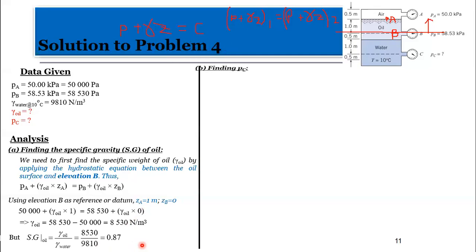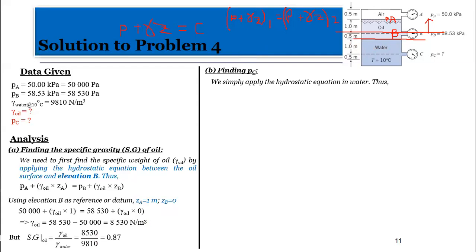So finding PC, we simply apply the hydrostatic equation in water. So in water, we need to first of all know the pressure acting on the top surface of the water here, which is actually like the bottom of the oil, okay?